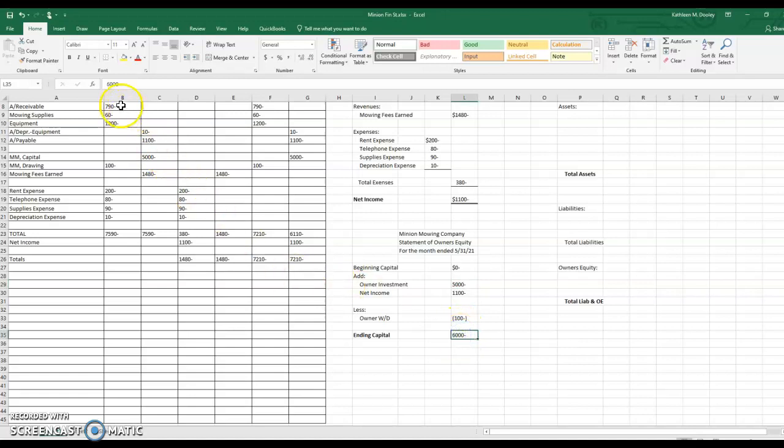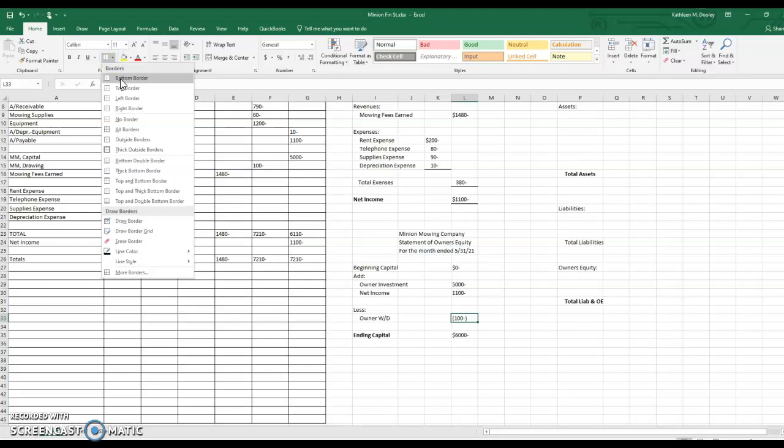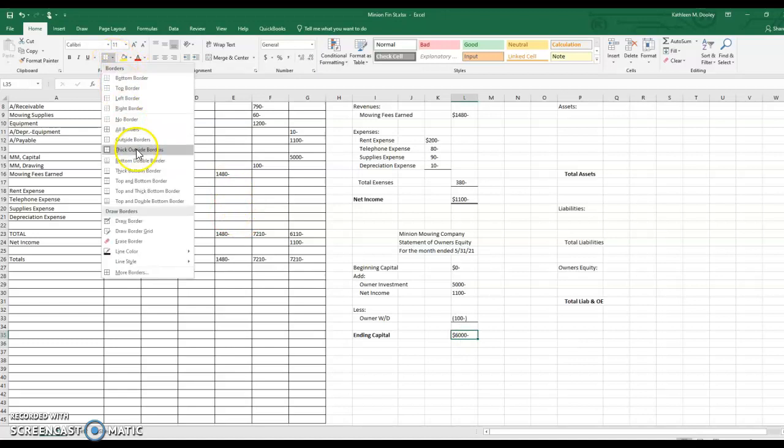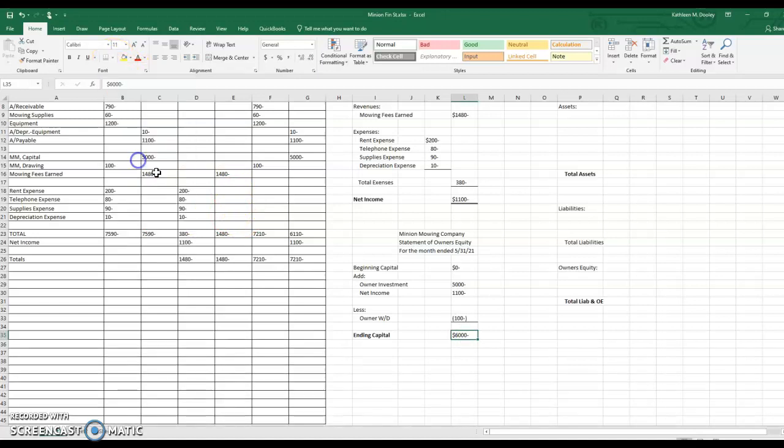And the 6,000 needs a dollar sign. I need a border there. I need a double border under the 6,000. Okay, so this is my statement of owner's equity.